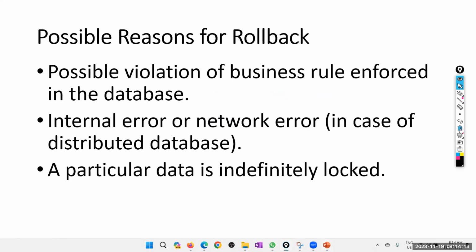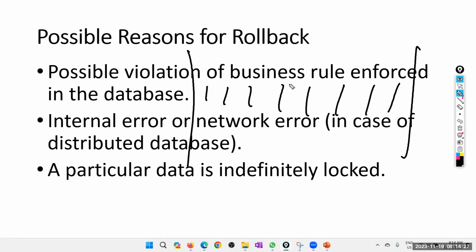So what are the possible reasons for rollback? Of course, success is the happy scenario. Sometimes your database will find that, in these subtasks of the transaction, doing this subtask, there's a violation of a database rule or business rule.